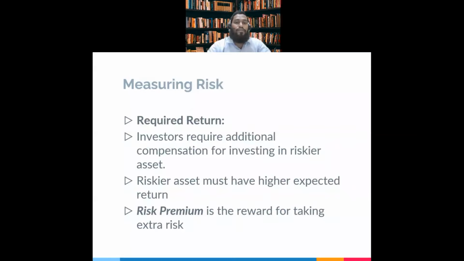So now when we measure the risk, we also need to measure something called the required return. As we know, if we take higher risk, we have to get higher return. So we have got in the standard deviation calculation that the risk is 14% something.